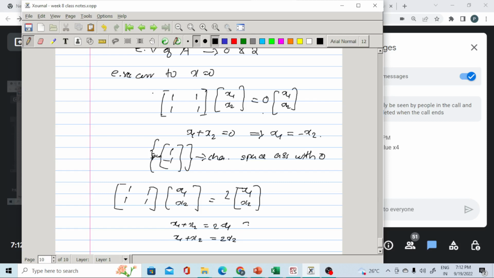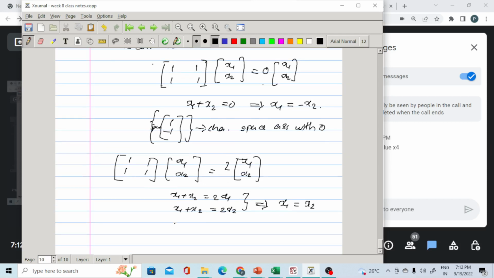Solving this, you will get x1 equals x2. Because we have only one variable, if we give 1 to x1, then x2 will also be 1. So the span of (1, 1) will be the eigenspace corresponding to 2.